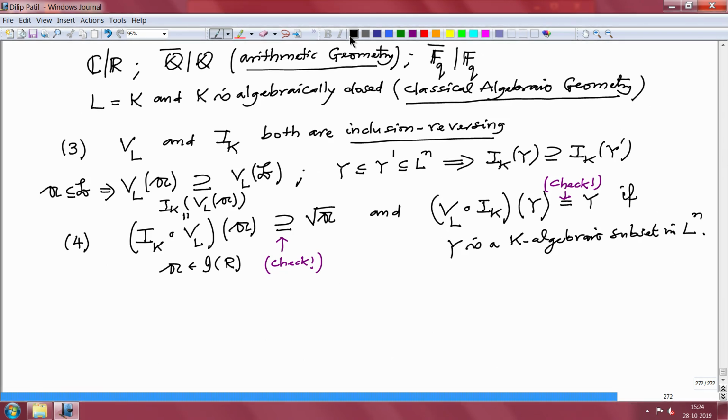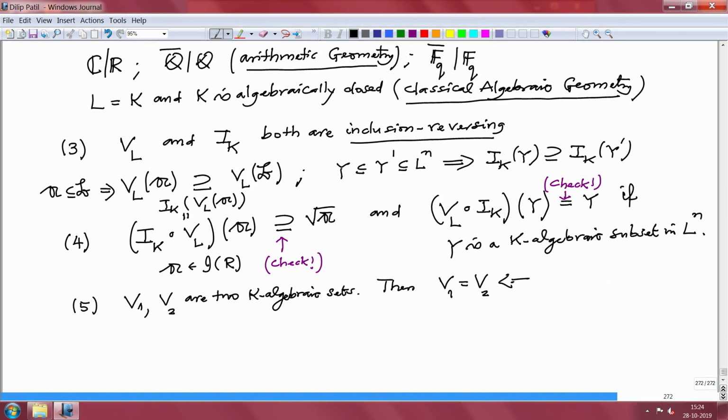Okay, now the next one. Alright, so the fifth: if V1 and V2 are two K algebraic sets, then V1 equal to V2 if and only if I_K of V1 equals I_K of V2.